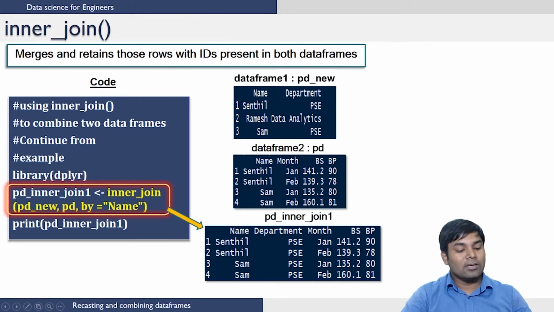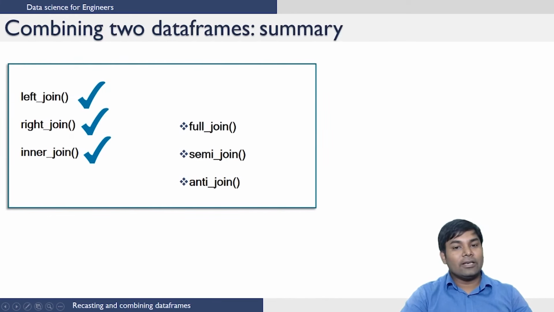Now when I pass these two data frames as an argument to this inner join function and I want to match them by name, it will look for the rows with IDs present in both data frames. In these two data frames we have Senthil and Sam present. It will print only the data that is corresponding to Senthil and Sam because Ramesh is not available in data frame 2. So we have seen left join, right join and inner join.